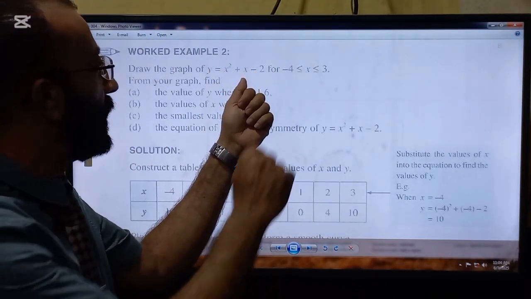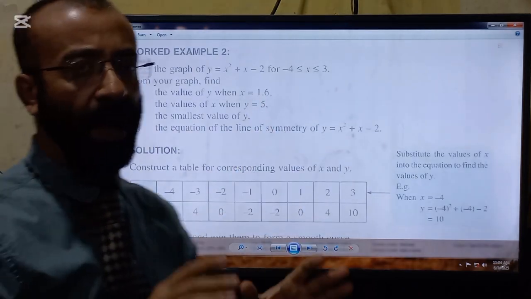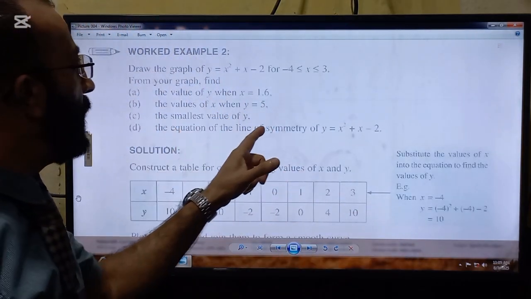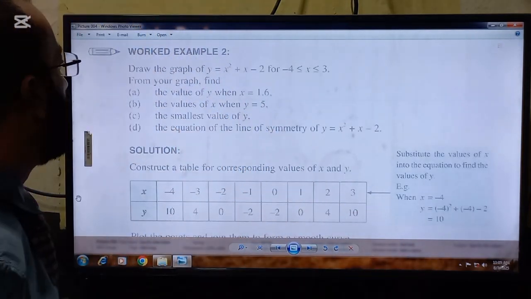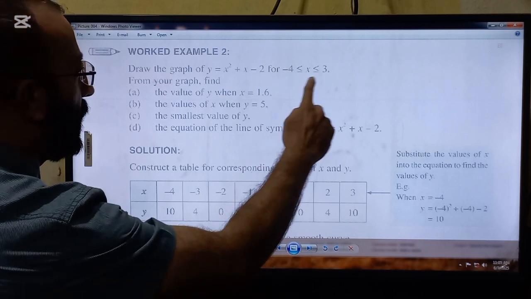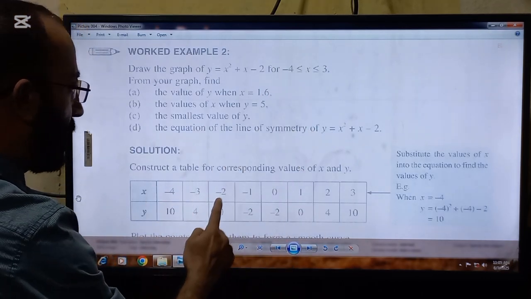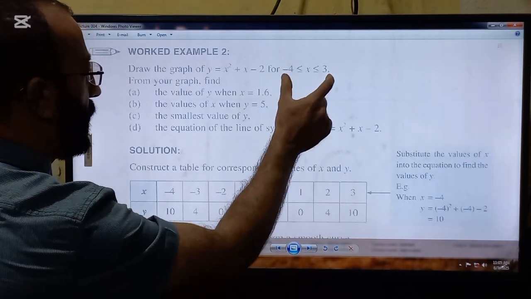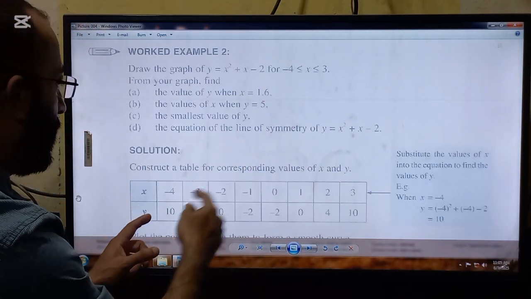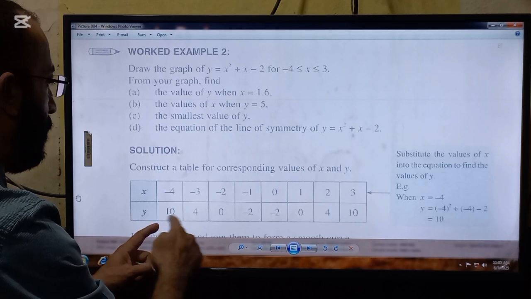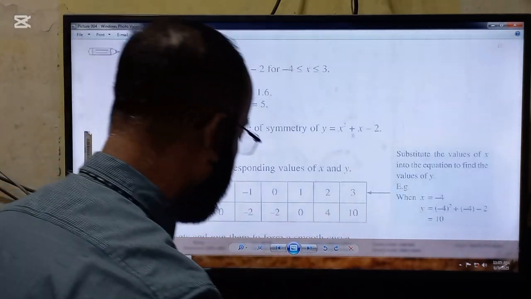So that will be written on the curve. And all other things will be found then. So look now, this is the range: -4, -3, -2, -1, 0, 1, 2, 3. So putting these values one by one into the equation, we will find the value of y.